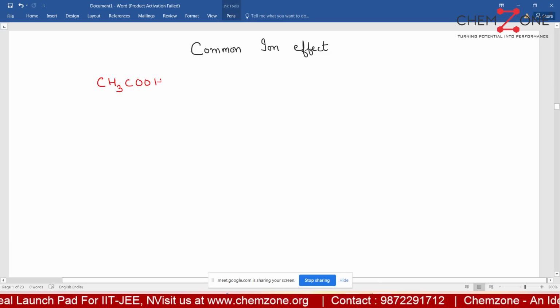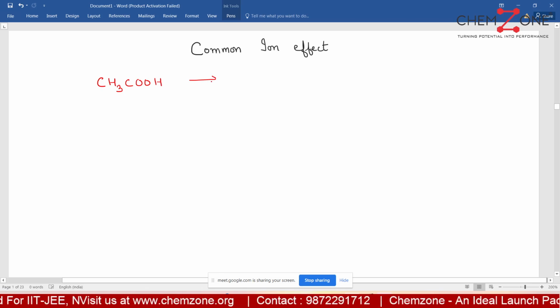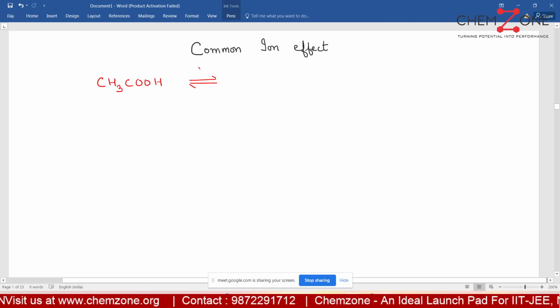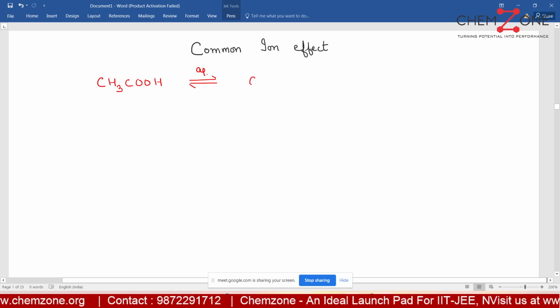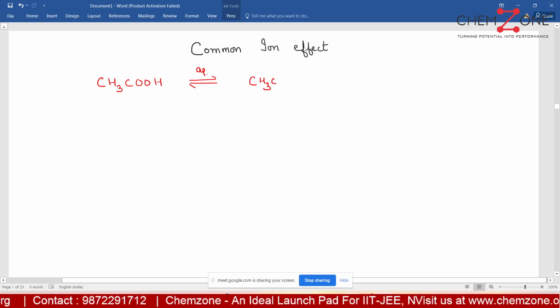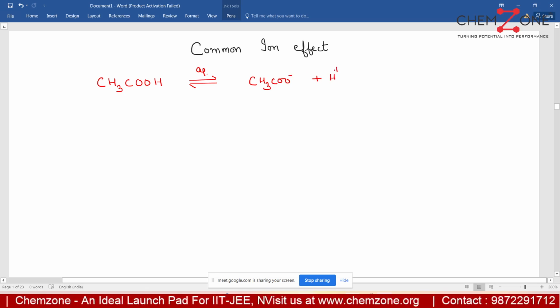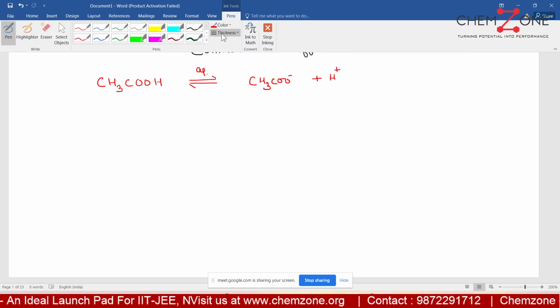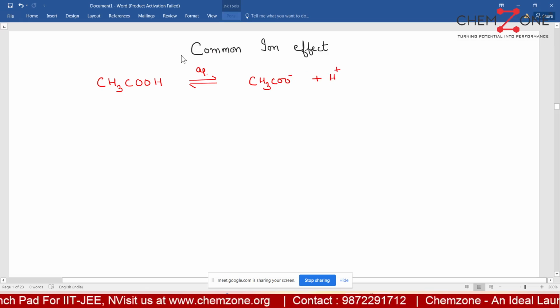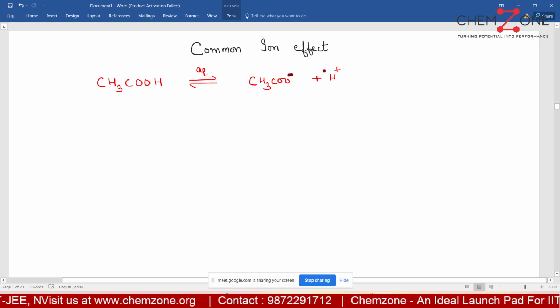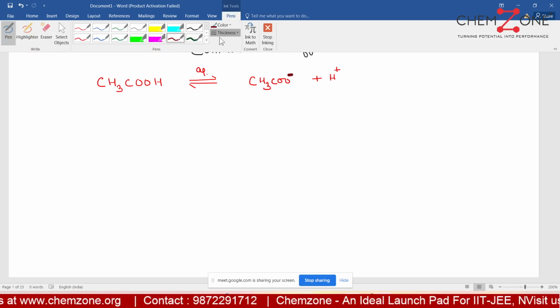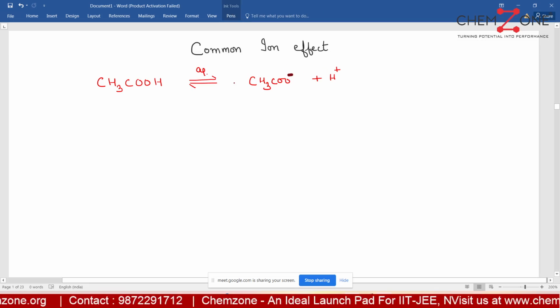This is acetic acid, and in the aqueous medium it is not completely dissociated. It is undergoing incomplete dissociation, so we say it's a weak acid.